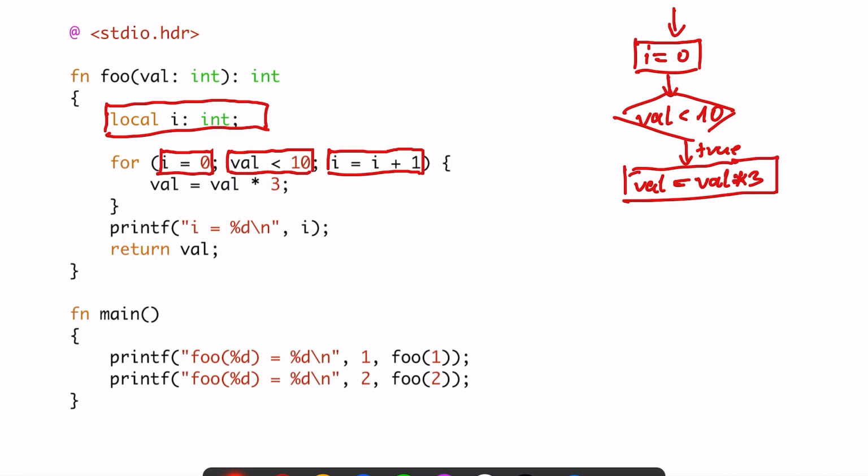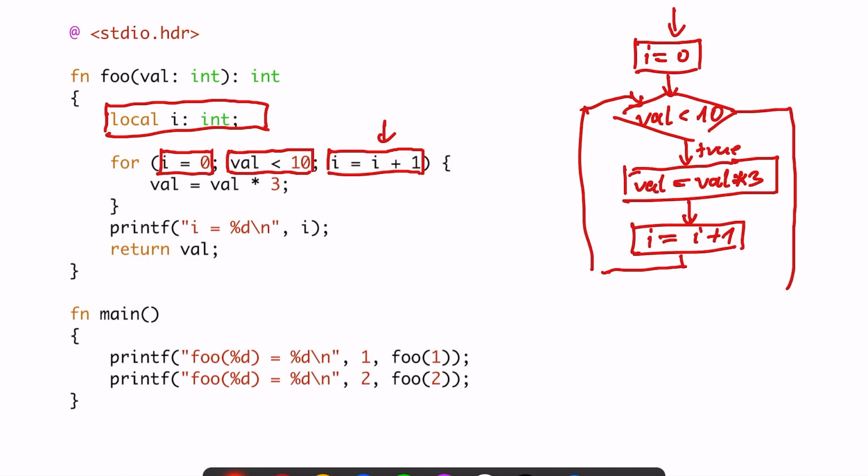After the last statement of the loop body was executed, also this expression here, the update expression, gets executed, which is incrementing i by 1. And after that, we go back to check whether the condition is still true. If the condition is false, then we continue after the for loop. That means with the printf here.